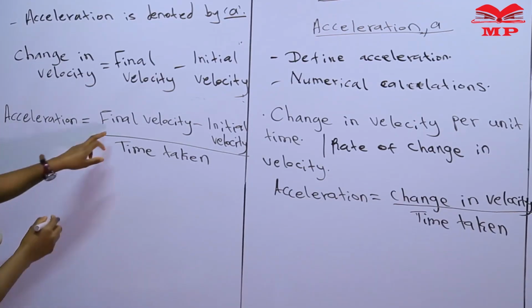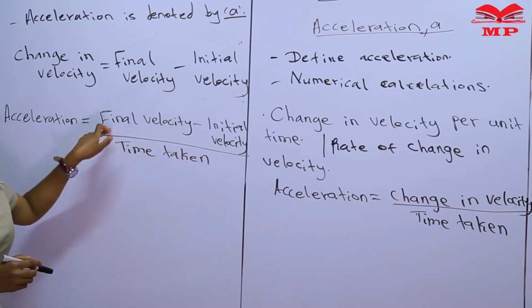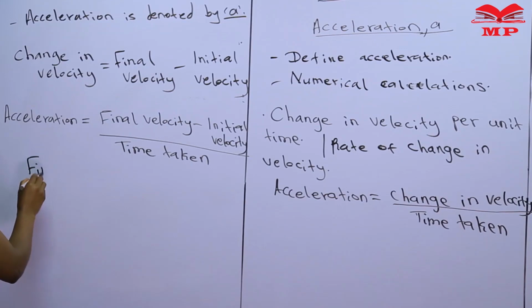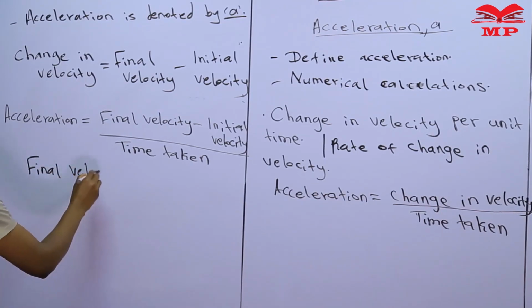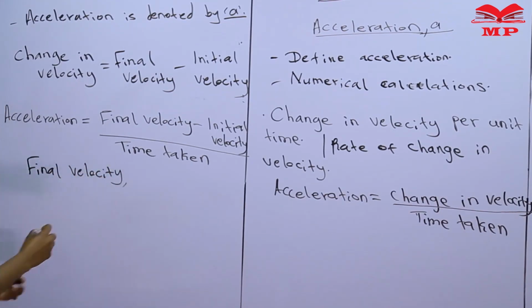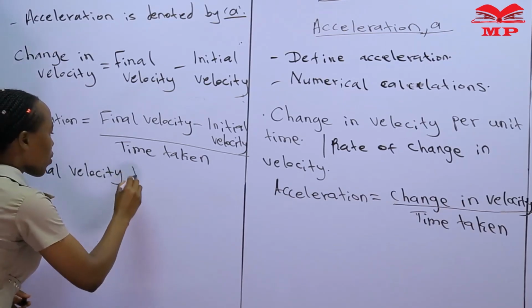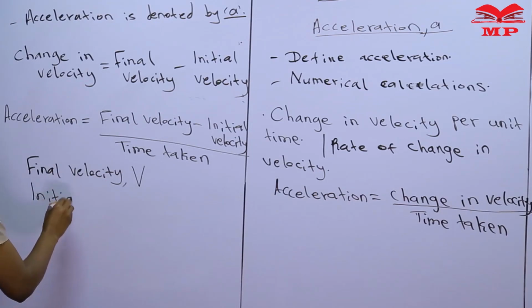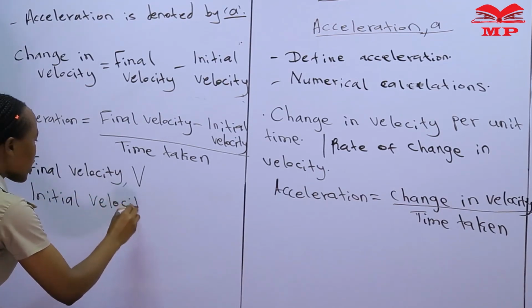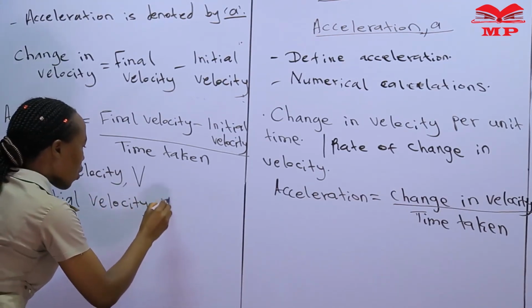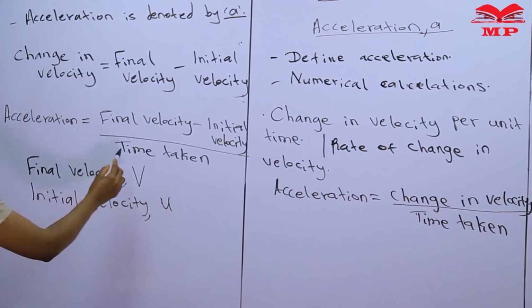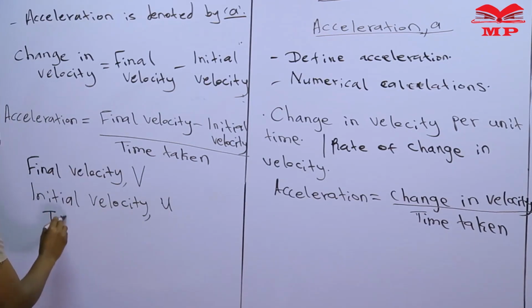This will give us the acceleration. We denote the final velocity using a capital letter V, and the initial velocity using a small letter u, so ensure that it has the tail. For time, we use a small letter t.